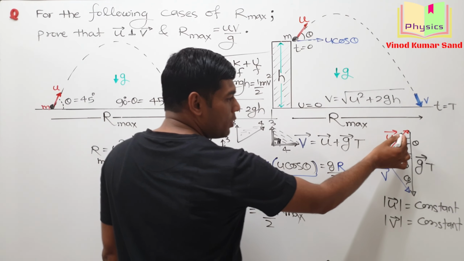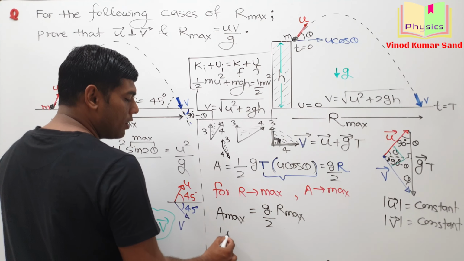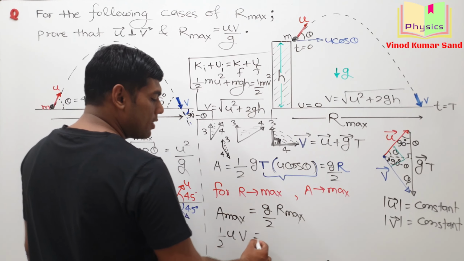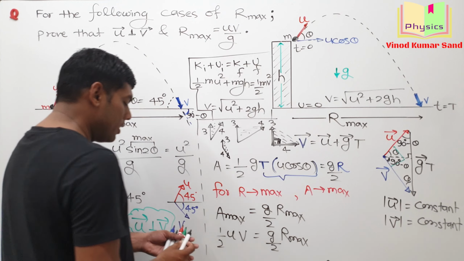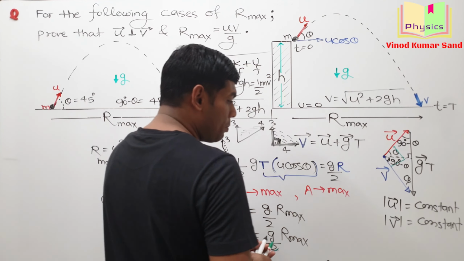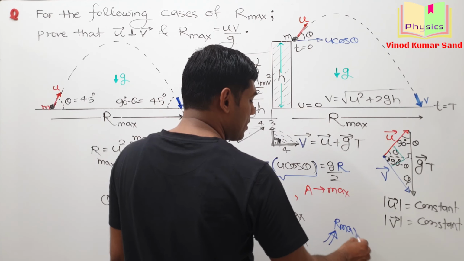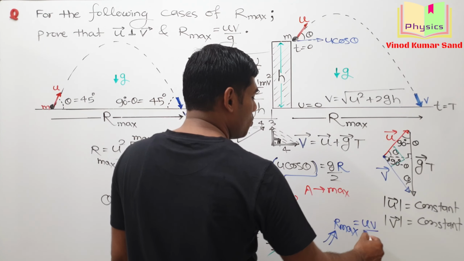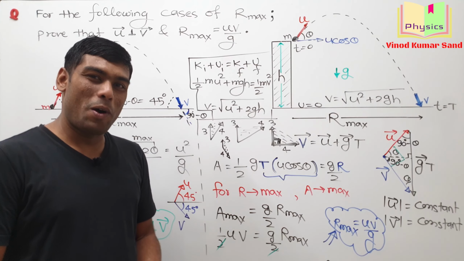So same you can do here, half into base into height. Amax will be half UV is equal to G by 2 Rmax. The 2 gets cancelled out, and here we obtain an interesting expression that Rmax is equal to UV by G. Got it? Pretty important result.